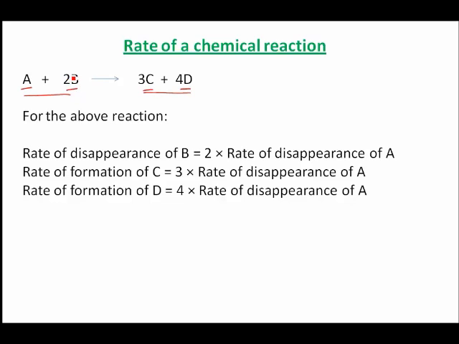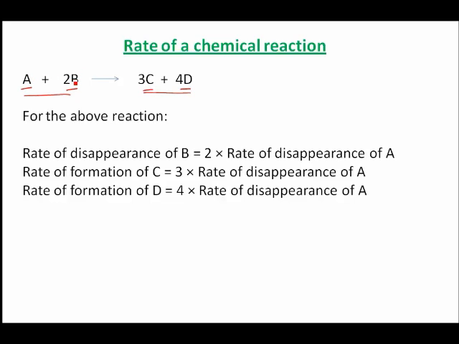So the rate of disappearance of B and the rate of disappearance of A are not the same, because more B is consumed than A. In the time period in which 1 mole of A gets converted into product, 2 moles of B are consumed. So how much do they differ?